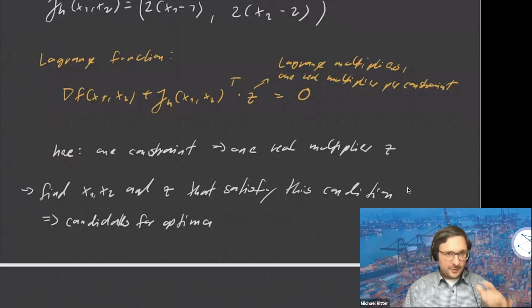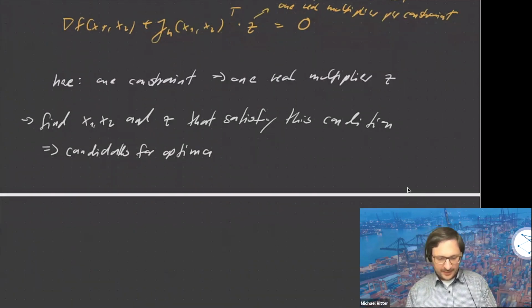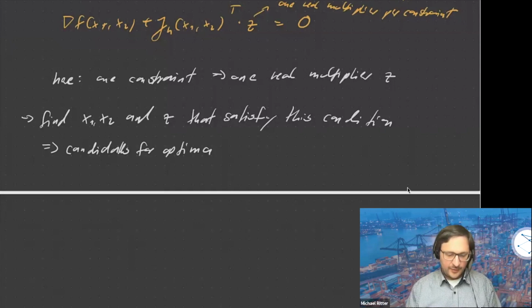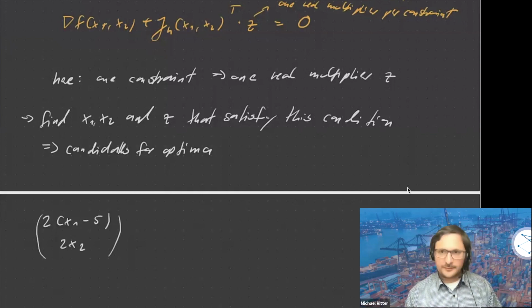Okay, so let's apply this to the setting here. Again, we need to satisfy this equation here. And we have computed the gradient and Jacobi already. So what we have to do here is, we take the gradient of f, that is 2x1 minus 5 and 2x2. And then we add the Jacobi of H transposed.